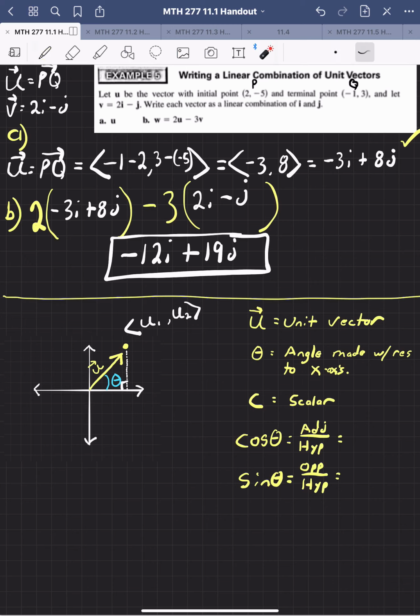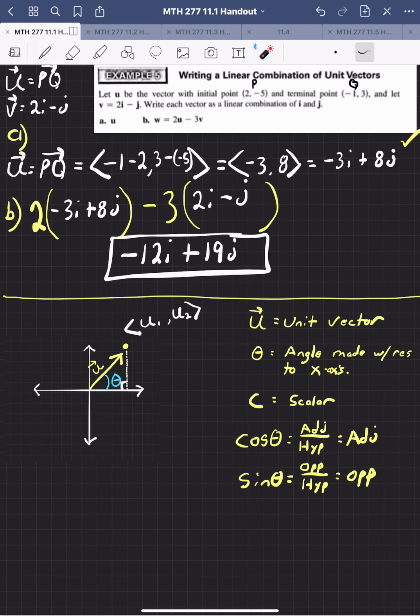Now, we've already established that we're dealing with a unit vector, length of 1. So do you understand that this hypotenuse here we know is 1? So I can simply insert 1 for the hypotenuse. All right.